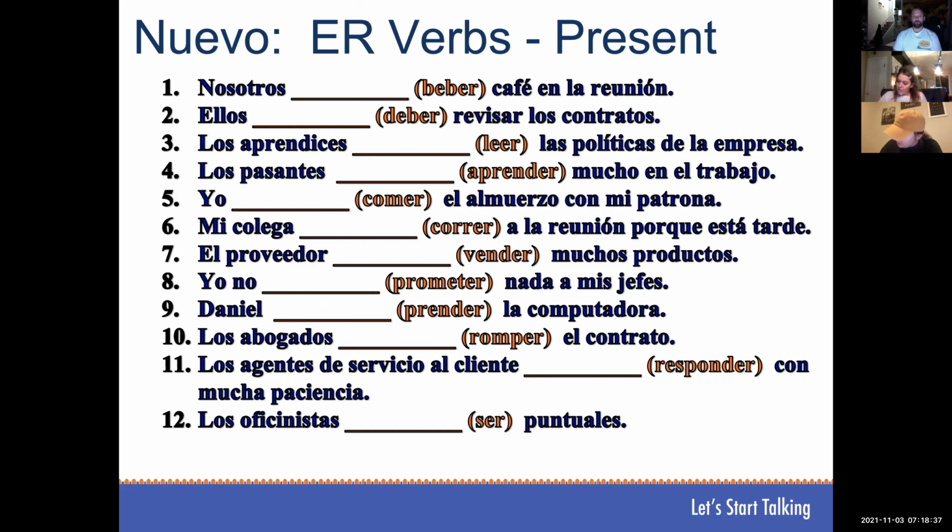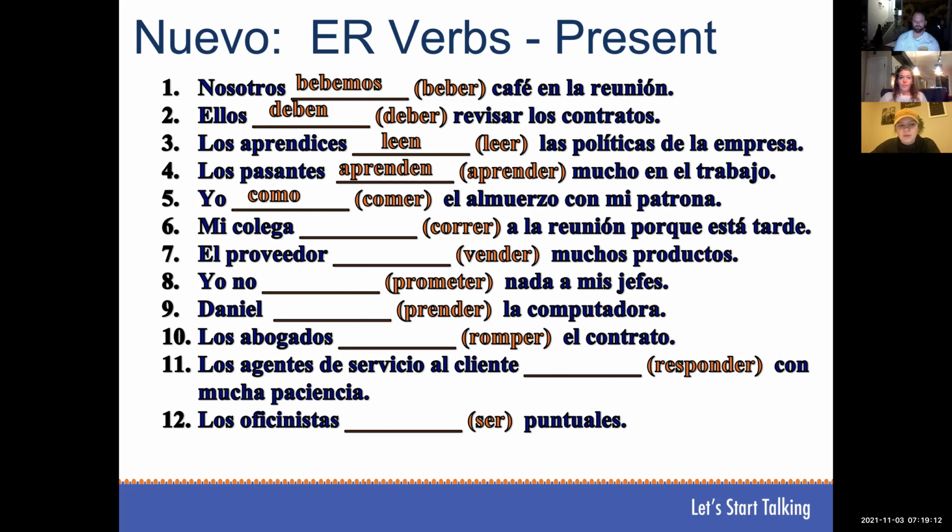Muy bien, vamos a practicar. Sky, número 1. Nosotros bebemos café en la reunión. Ellos deben revisar los contratos. Los aprendices leen las políticas de la empresa. Los pasantes aprenden mucho en el trabajo. Yo como el almuerzo con mi patrona.